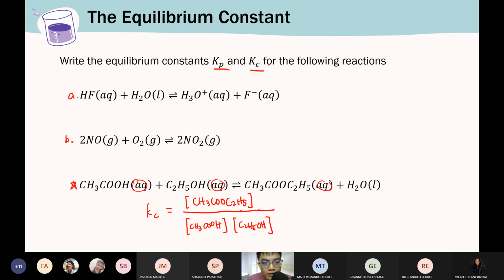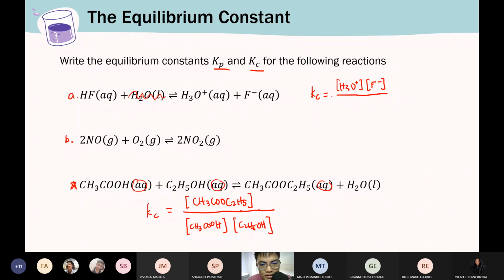So, for letter A, again, yung liquid, just simply erase it. Okay, and as you can see, we only have aqueous species, no? So, meaning we can only write the Kc. So, in the product side, I have H3O, then F minus.